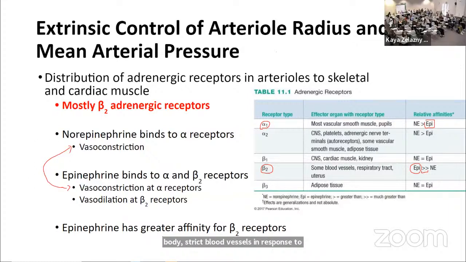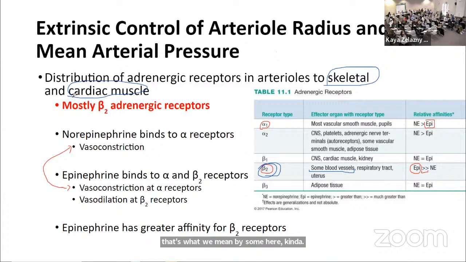Okay. However, if you have a beta-2 receptor, right, which we see in some blood vessels, and we know now that those blood vessels are ones going to our skeletal muscles, so those voluntary muscles, as well as the ones feeding the heart muscle itself, right? That's what we mean by some here, okay?